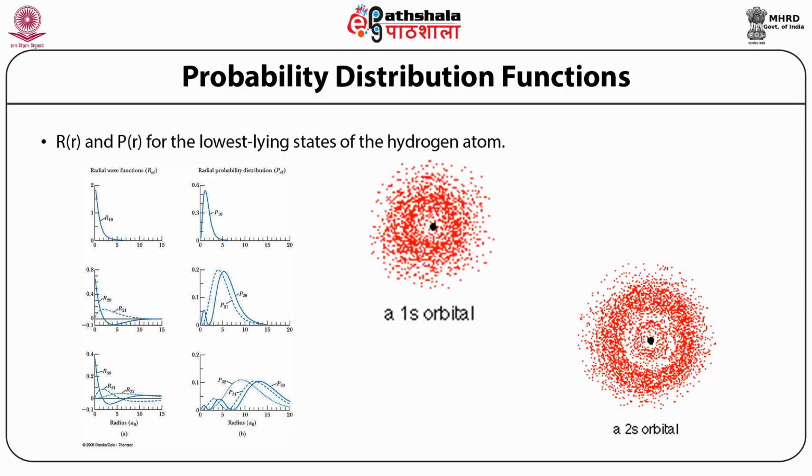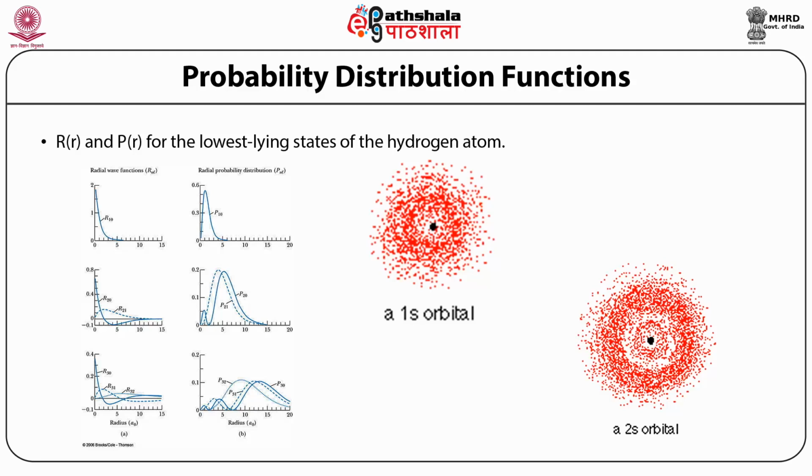So the particular form of atomic orbital essentially defines the probability of finding the electron in a particular region inside the atom.